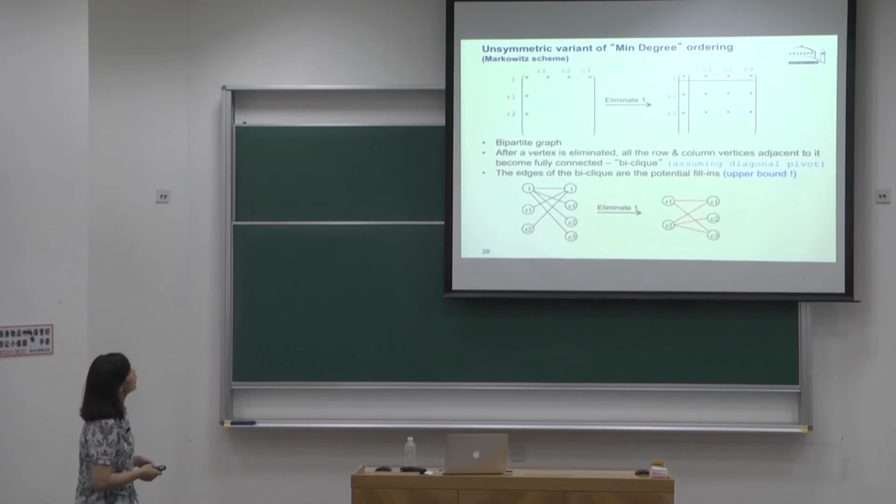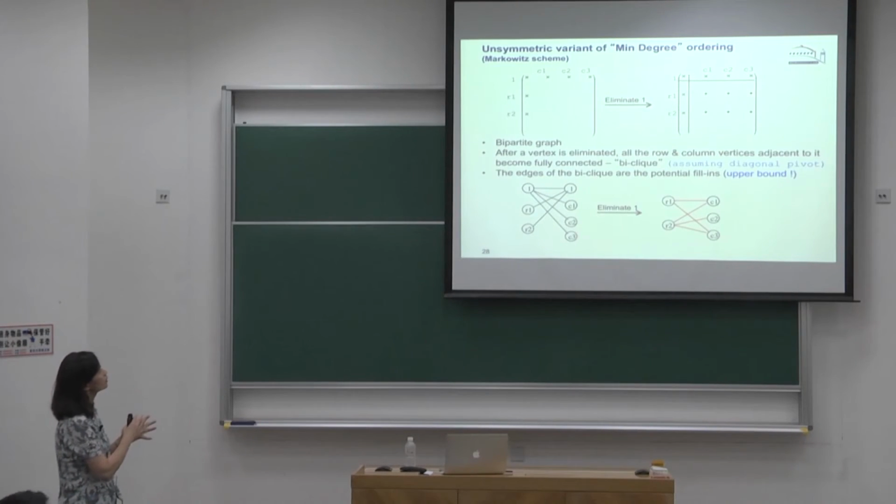So for non-symmetric matrices, the handy graph model we use is a bipartite graph. You cannot really use the undirected graph, and the directed graph is not so convenient for us to use. So we use this bipartite graph. Column vertex 1 is connected to 3 of those, and R1 is connected to only 1. R2 is connected to only 1.